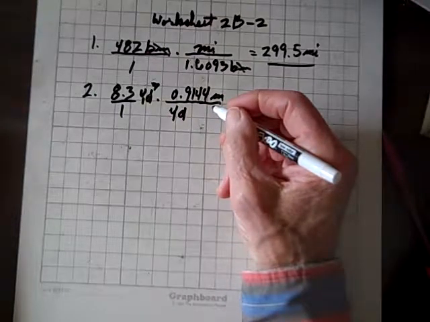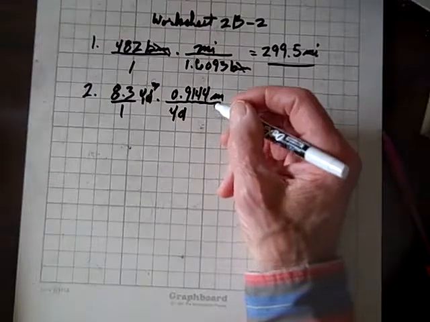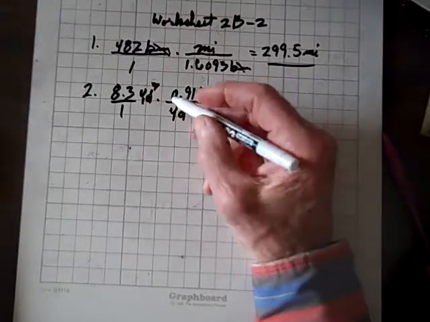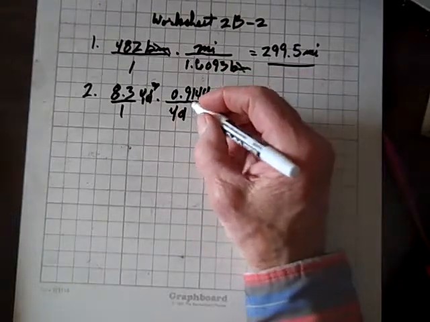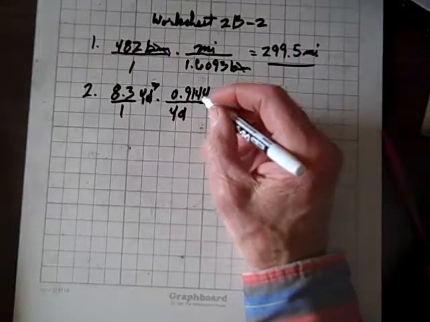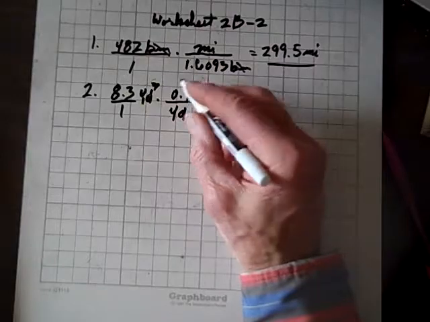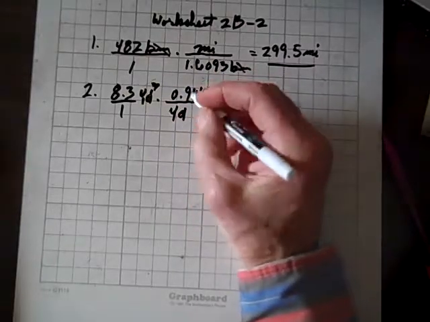And so now the issue is, we've got cubic yards here, we don't have them here. Well, we can get them there if we cube everything. In other words, you can't just cube the yards without cubing the entire fraction.